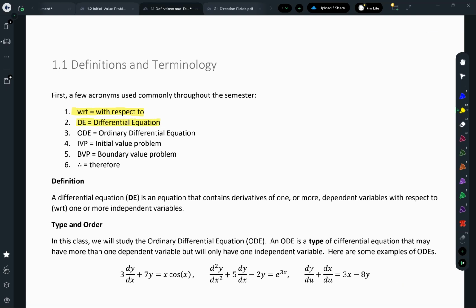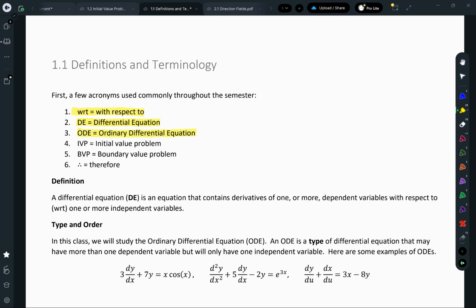We will work specifically with ordinary differential equations. And so in that case, we would use the acronym ODE. We will also work with initial value problems, and those are just differential equations where we know a given value at one of our independent variables.